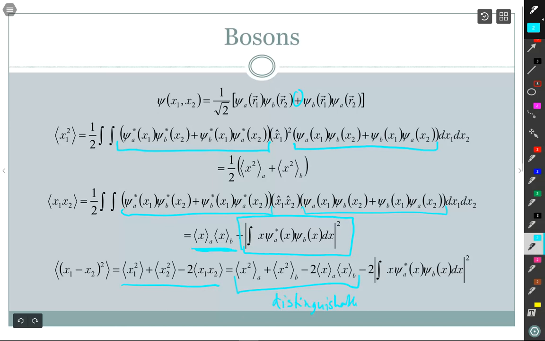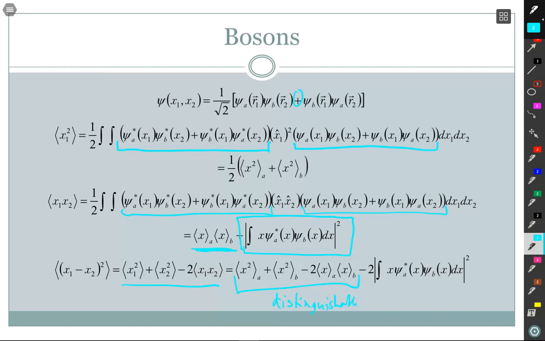But then we have minus this additional term. Now, when we do a mod squared of the integral, mod squared is always going to be positive. So that means that this additional term, what's it going to do to the expectation value for the separation? Is it going to increase it, decrease it, or make it stay the same?